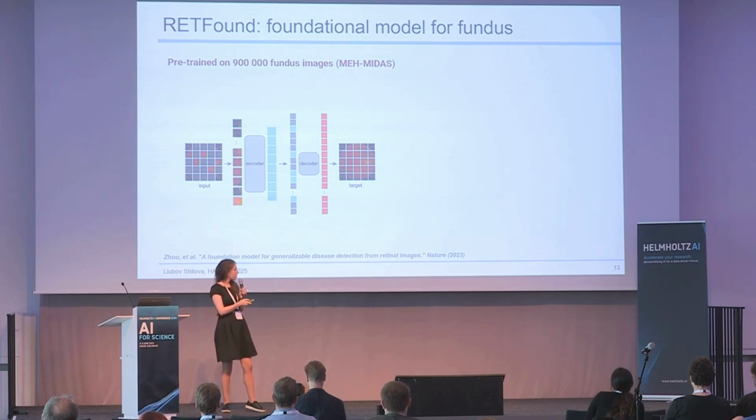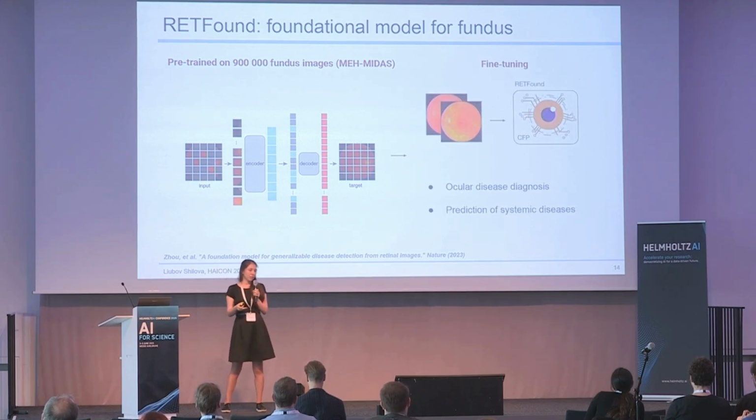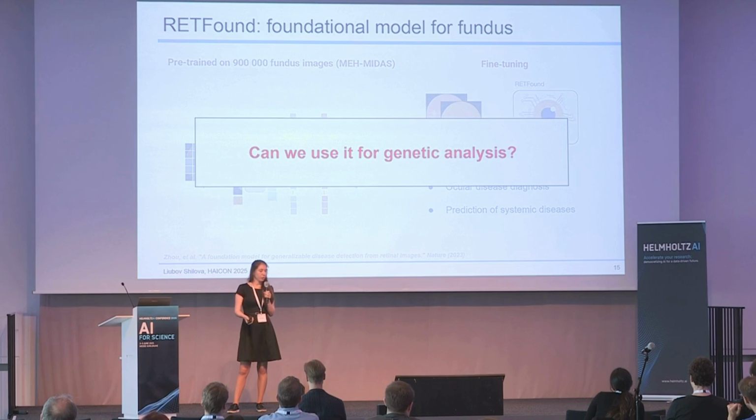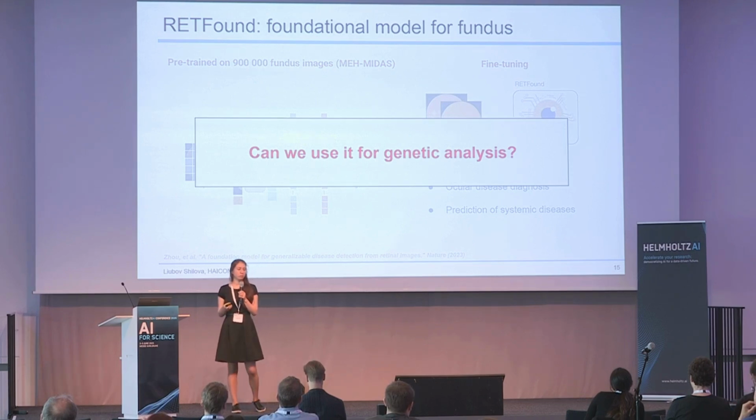And authors have also demonstrated that taking the encoder and fine-tuning it to many downstream tasks in diagnosis, one can outperform pretty much all of the baseline models. But the utility of the model for genetic analysis was not demonstrated before.